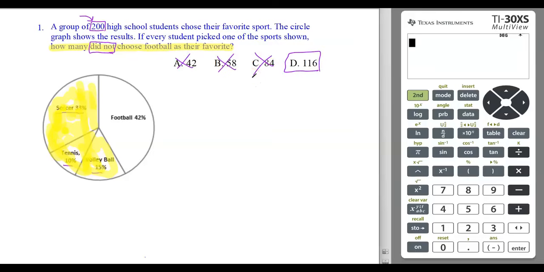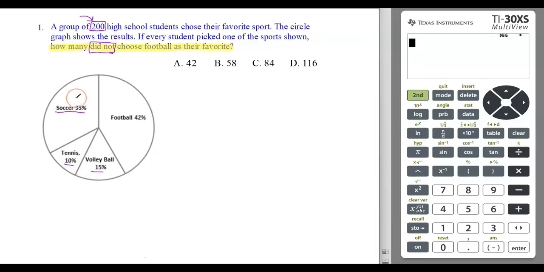Now, if that didn't make sense to you, let me go through the mathematical way of doing this so you have another way of understanding this. Again, we know our answer choice is D, but let's get that exactly. So let's just simply add up the total number of percentages here, or students that did not choose football. They chose soccer, tennis, or volleyball.